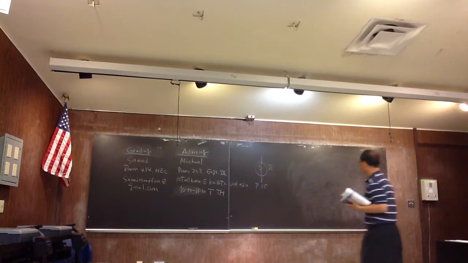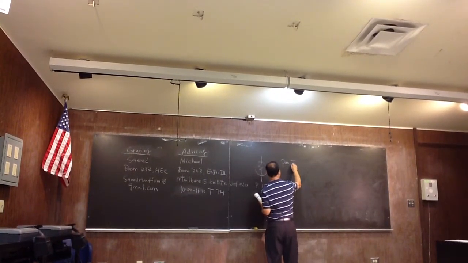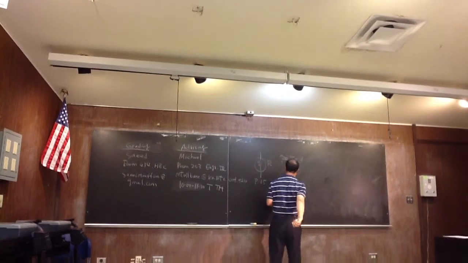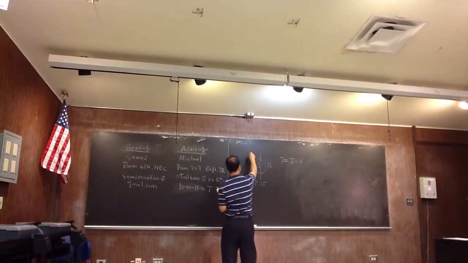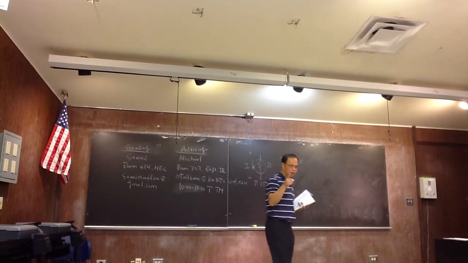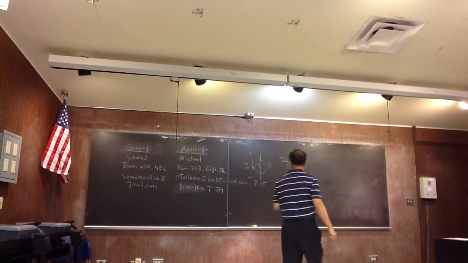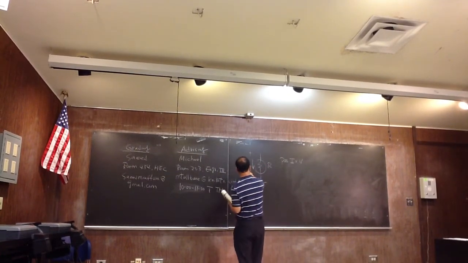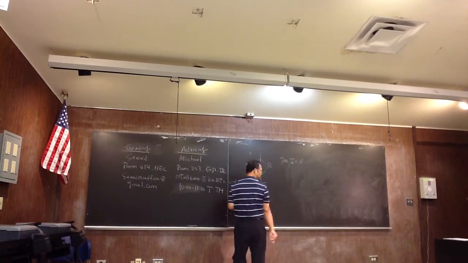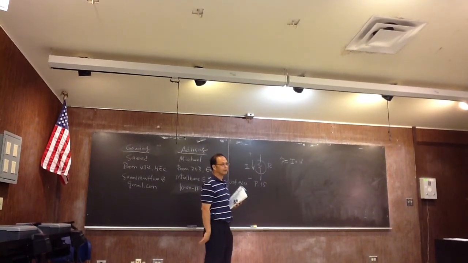Okay, the power is equal to the current times the voltage. So when I have a voltage across the resistor, I get a current, according to Ohm's law we discussed last time. So the larger the current, the larger the voltage, the larger the power.